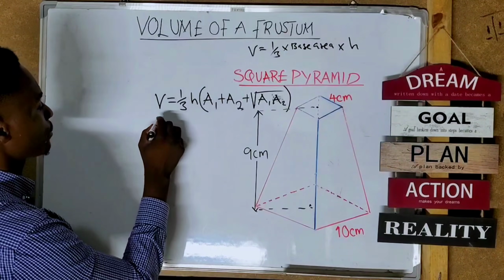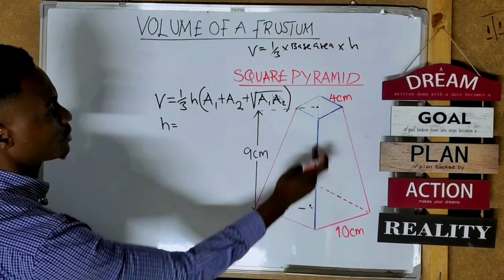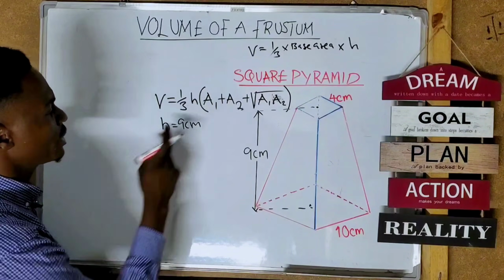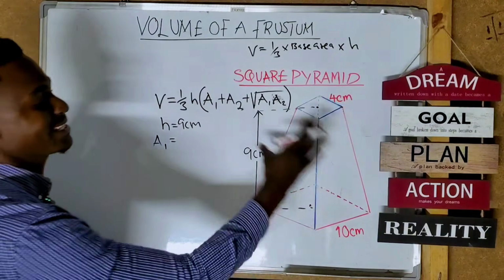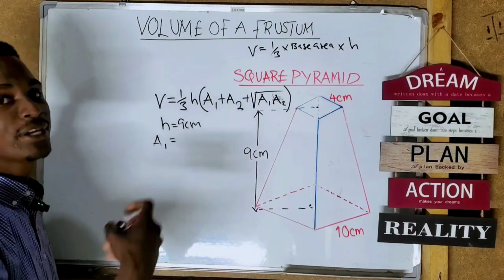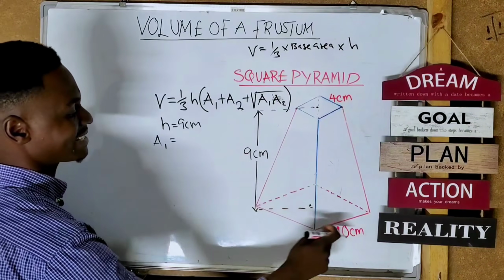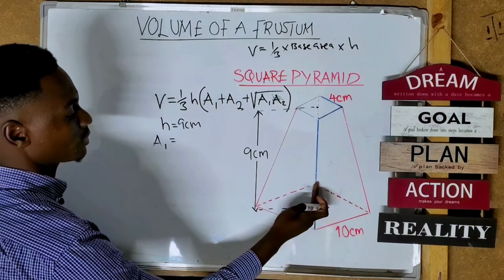So let's write down what we know. The height is 9 centimeters, from this point to this point. Now, do we know area 1? Remember, this is a square pyramid, so all the sides are the same. If this is 10 centimeters, this is also 10 centimeters.